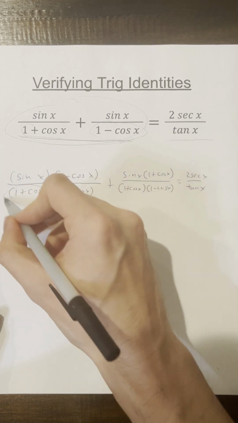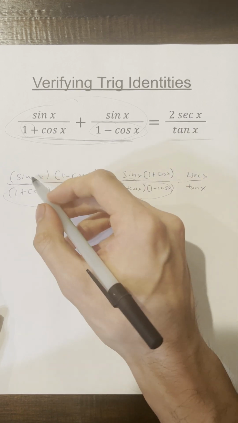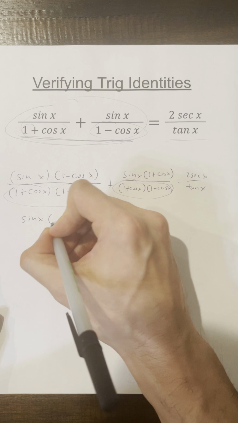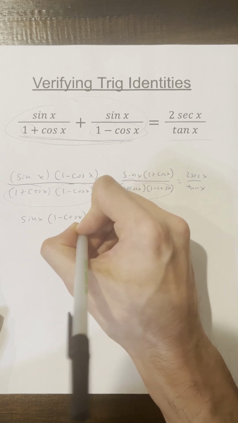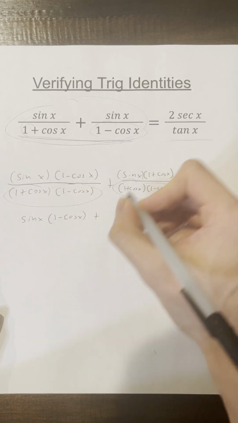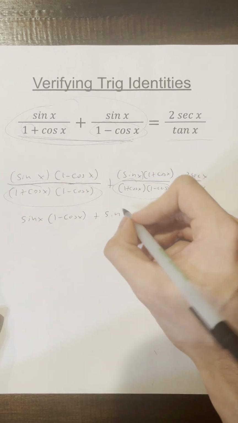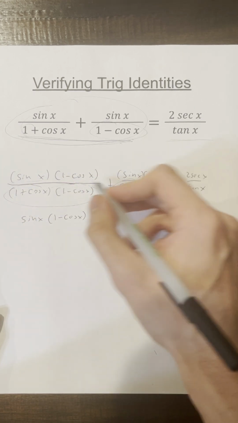Okay, now that this matches with this, we can add the top. I just did it to make this match with this, but you don't have to include the parentheses around sine.